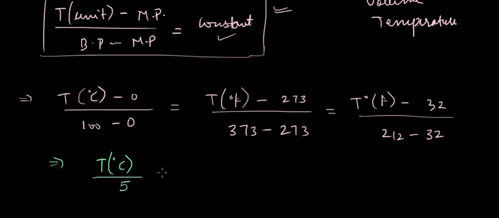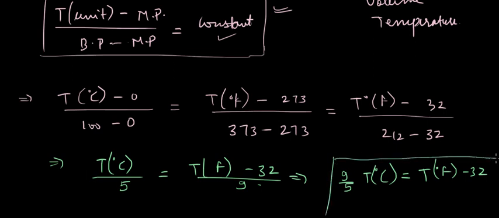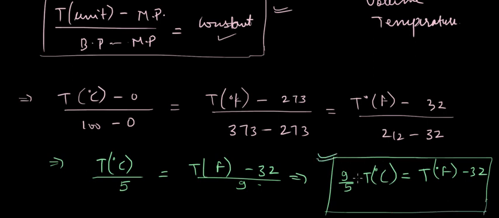Temperature in Celsius over 5 equals temperature in Fahrenheit minus 32 over 9, or 9/5 times temperature in Celsius equals temperature in Fahrenheit minus 32. Just remember this formula to convert Celsius to Fahrenheit and vice versa.